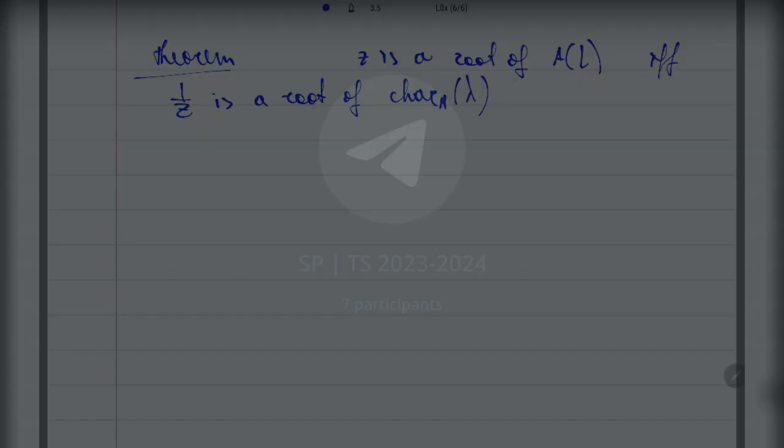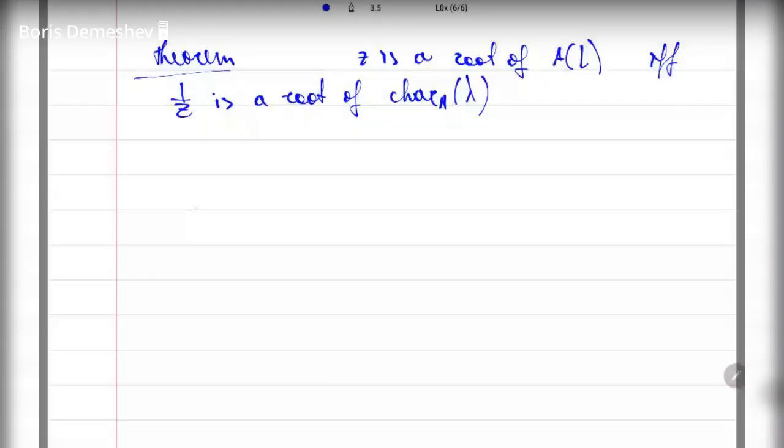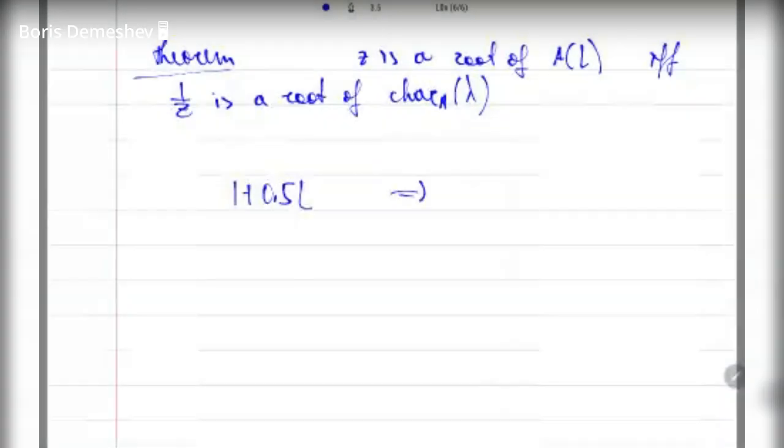So the roots are inverse. For example, if you have the equation 1 plus 0.5 L, and you calculate the root, you will have minus 2.